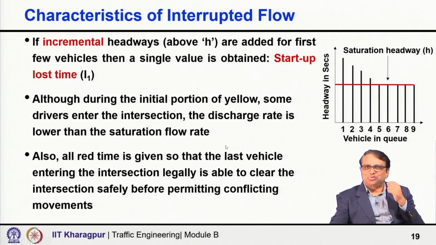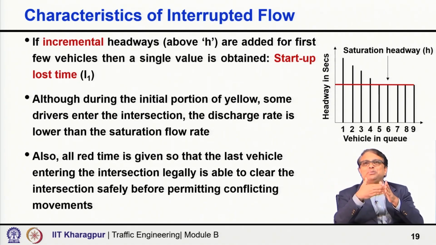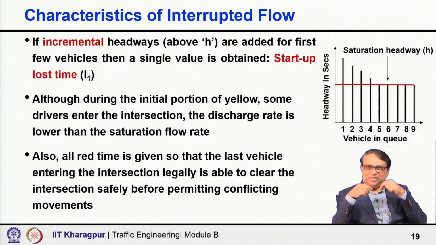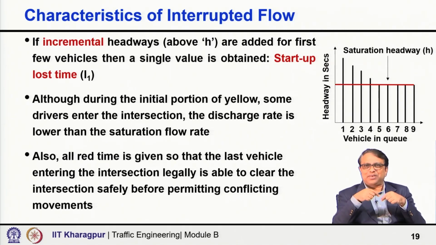So, there is one component of loss here, and another component of loss is we need to give an all red time. Why? Because the last vehicle which is legally entering the intersection in the amber or yellow time should be able to cross the intersection safely before a conflicting movement starts. If I just give red after amber and before that green, and the moment I give red, I give green to a conflicting movement, what will happen?